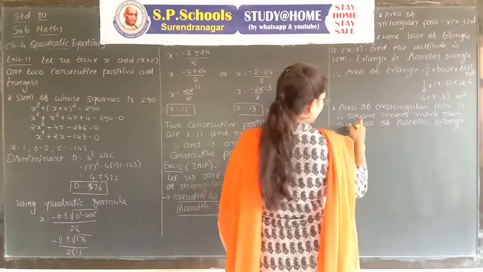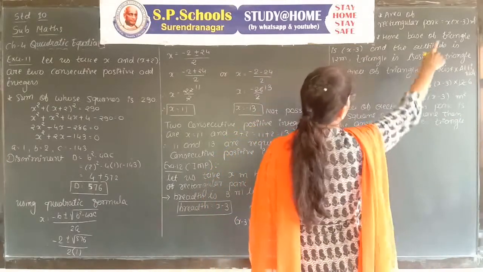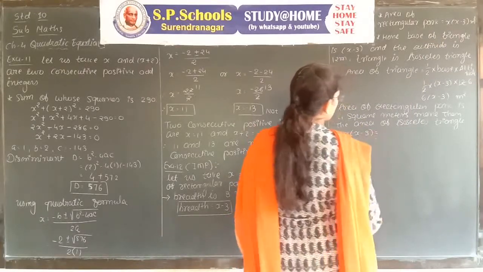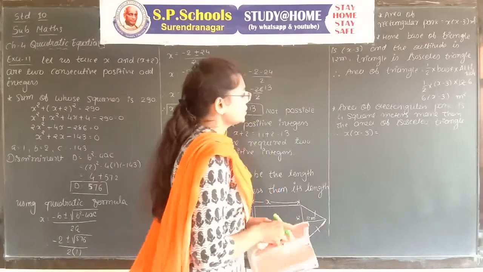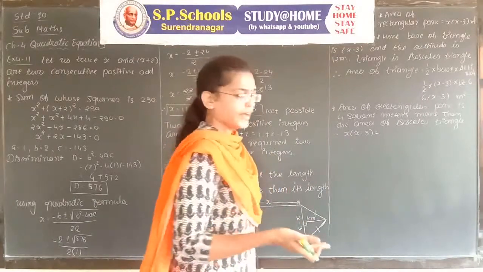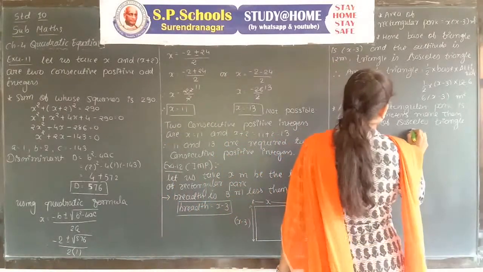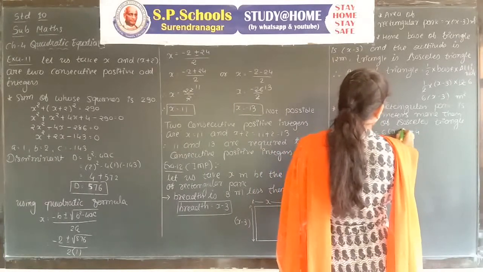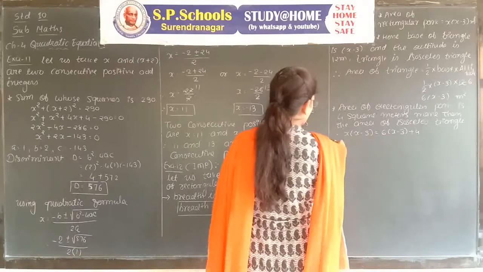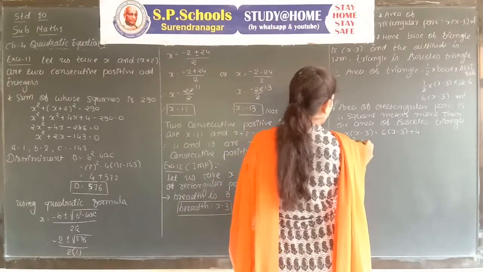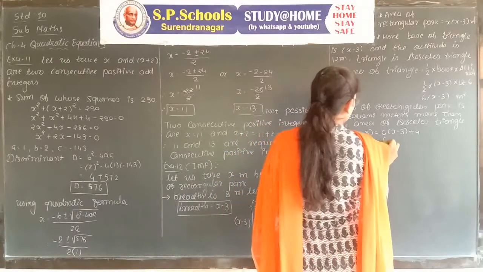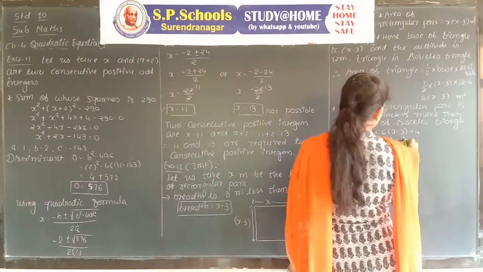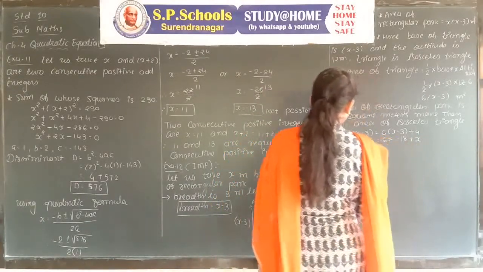Therefore, the area of the rectangular park, x into bracket x minus 3, is 4 square meter more than the area of the isosceles triangle. 4 square meter more means plus 4. Isosceles triangle: 6 into bracket x minus 3. That's why x square minus 3x is equal to 6x minus 18 plus 4.